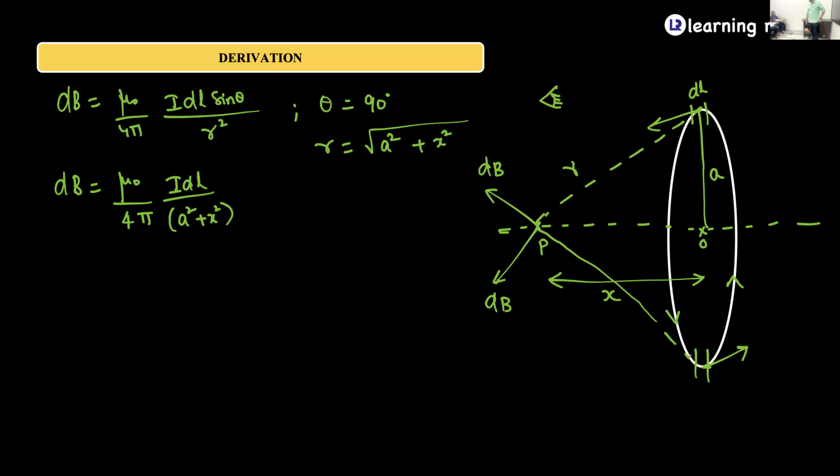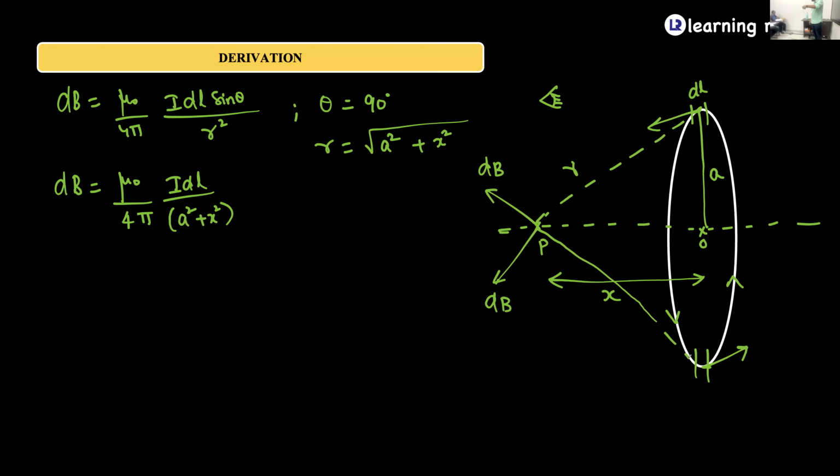How dl and r are? This is dl, this is r. This is dl. This is r. How will I show a 3-dimension on it? It's only projection. So this is dl vector, this is r vector.